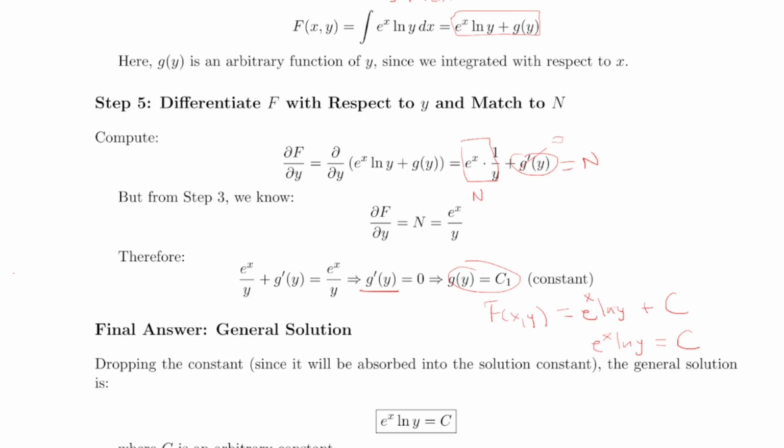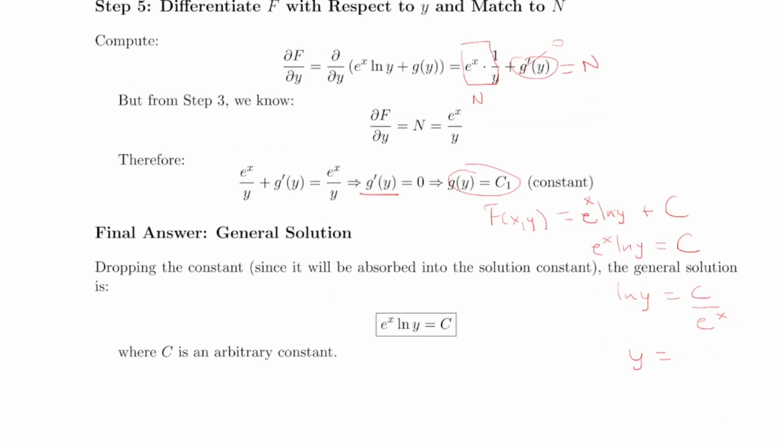And if you want, you can solve for y by dividing both sides by e to the x and then raising everything to the e power. So that'd be y equals e raised to the c over e to the x power. And so that's going to be the final answer.